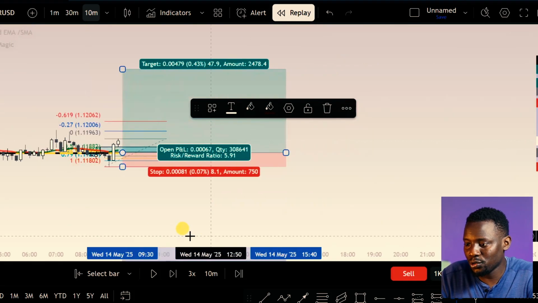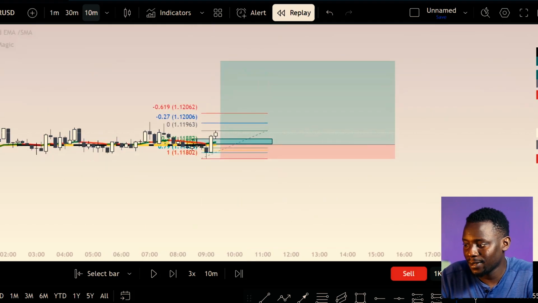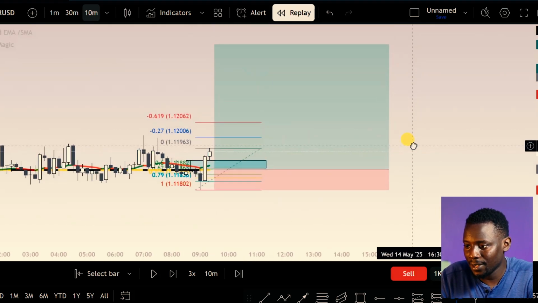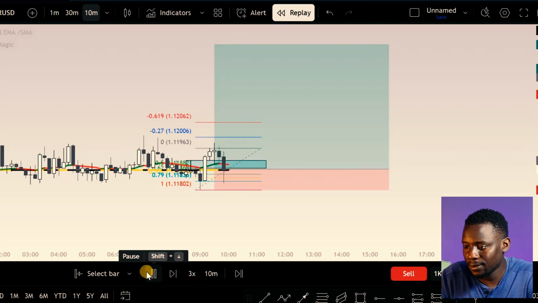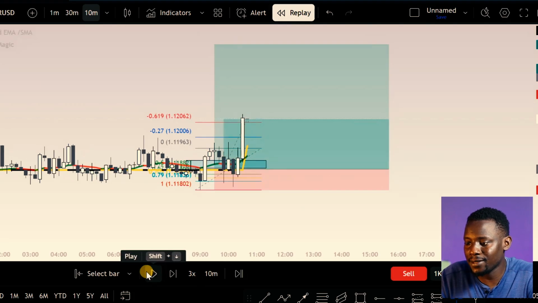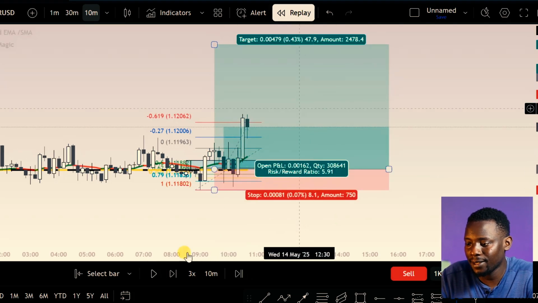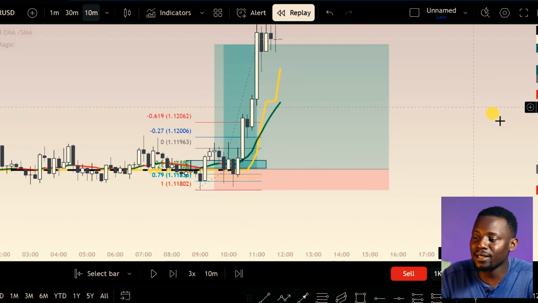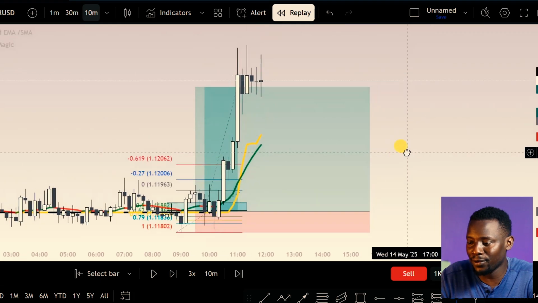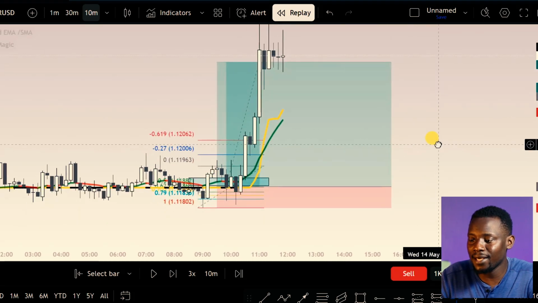So let's zoom back in and play price to see if it taps us into this trade. Okay, so price has just tapped us in right there, and it's moving to our TP. Guys, remember I'm trading this on the 10-minute time frame, and boom, price has just hit TP.